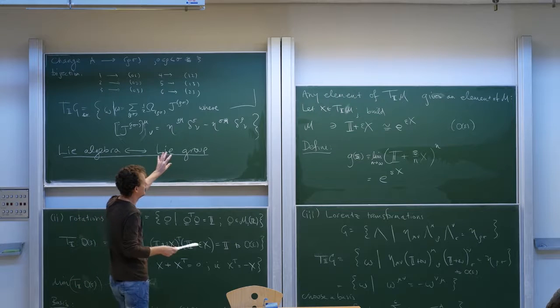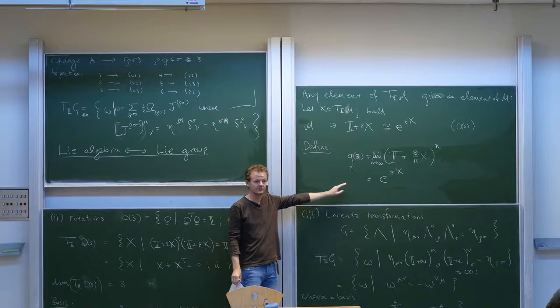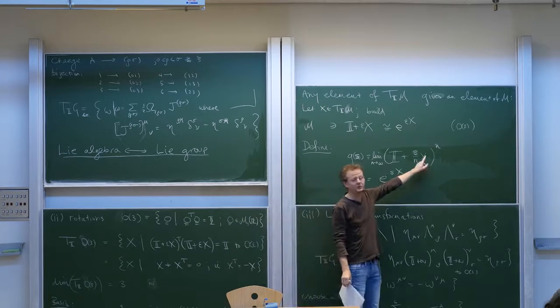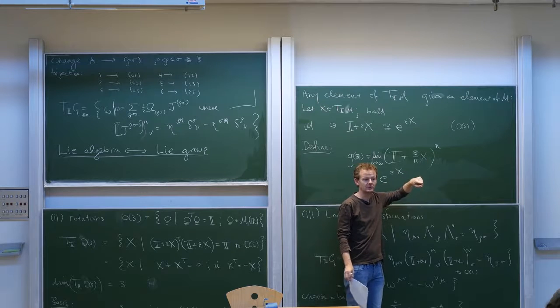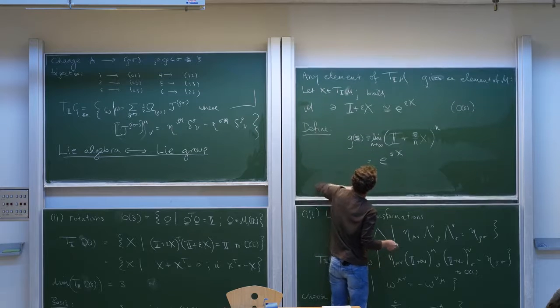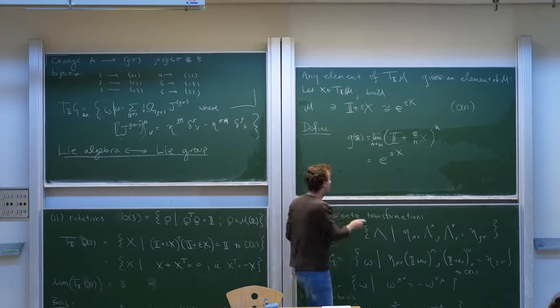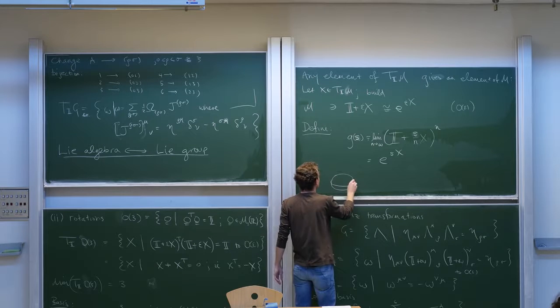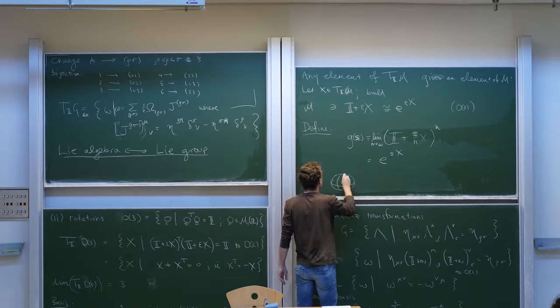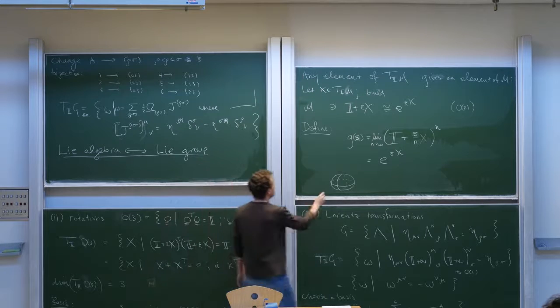So every element of the tangent space to the identity determines, by this repeated product here, an element of the Lie group. And in terms of vectors and flows, this is very easy to understand. So here's a picture of a Lie group. It's the sphere. This is actually an excellent cartoon for O3. Here's the identity up here.